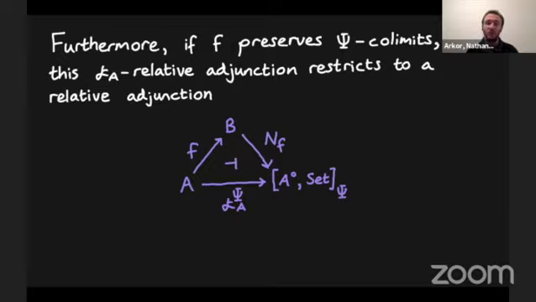However, things get more interesting when we consider colimits. If F additionally preserves some class Psi of colimits, then this adjunction on the previous slide restricts to a relative adjunction where we take the presheaves that preserve Psi colimits.